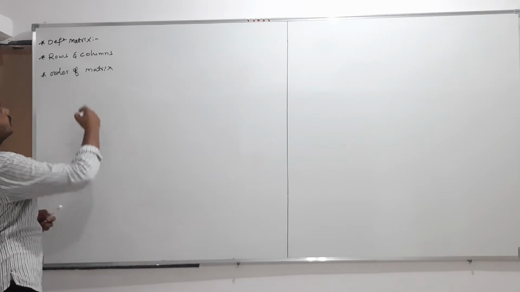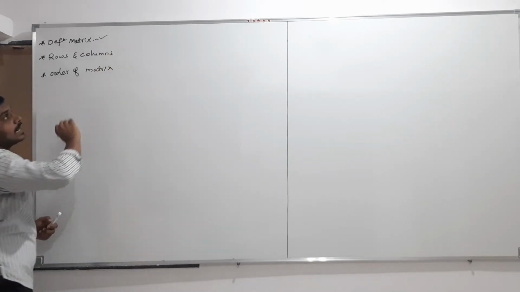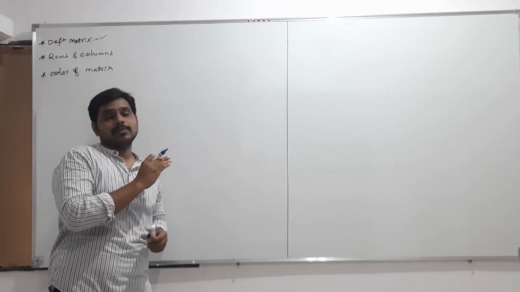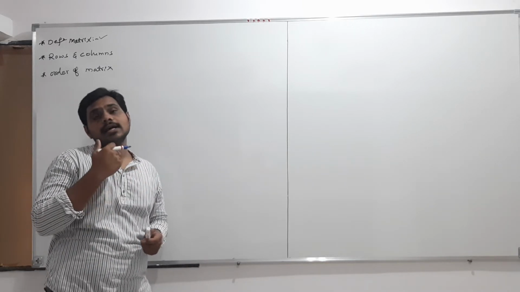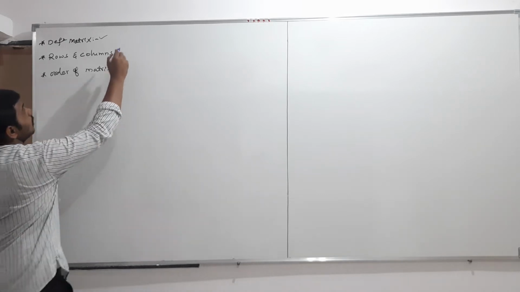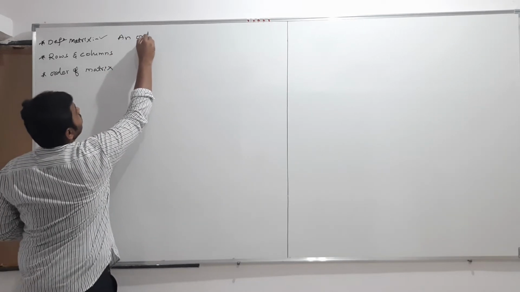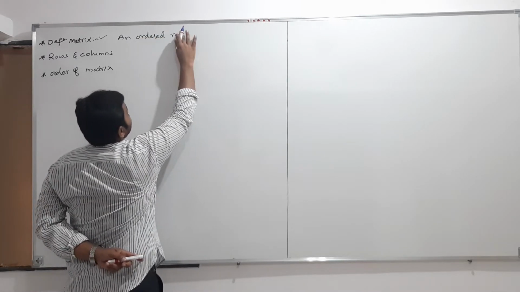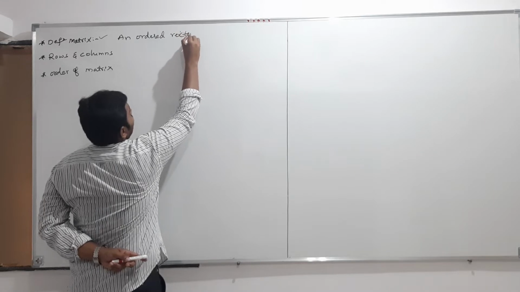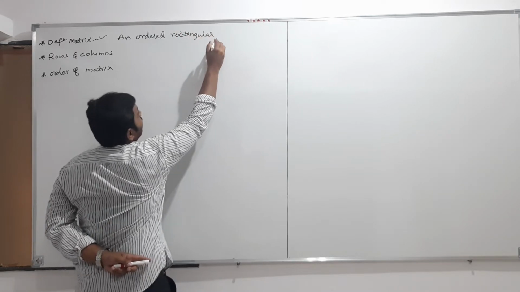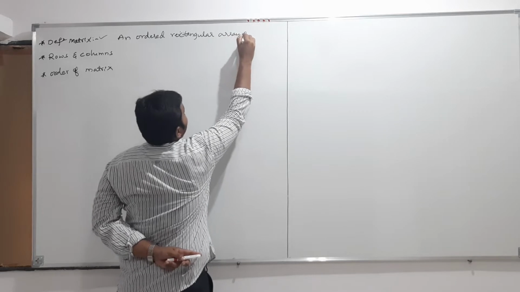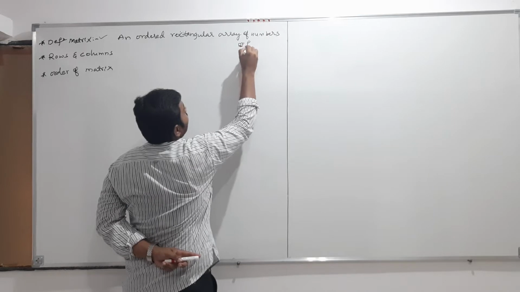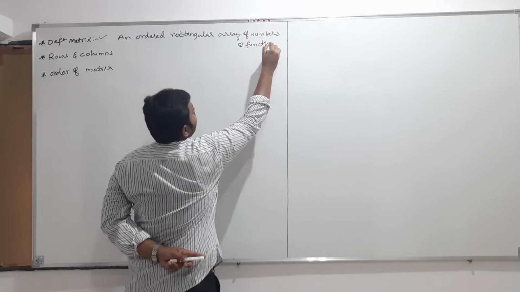So the definition of the matrix is: a matrix is an ordered rectangular arrangement of numbers, or functions.